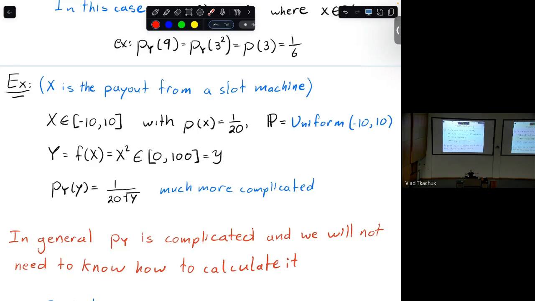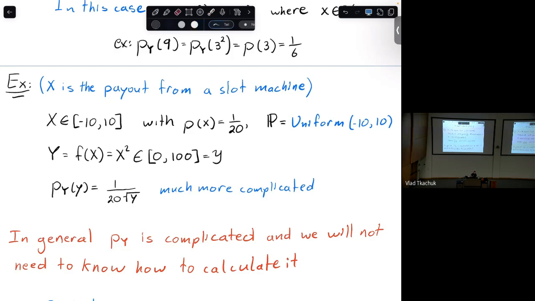You get some value from the slot machine when you play, where you either lose $10 or gain $10 relative to how much you paid. That would be X. And then for some reason, Y is that someone decides to square the value of your winnings from the slot machine and pays you that much.